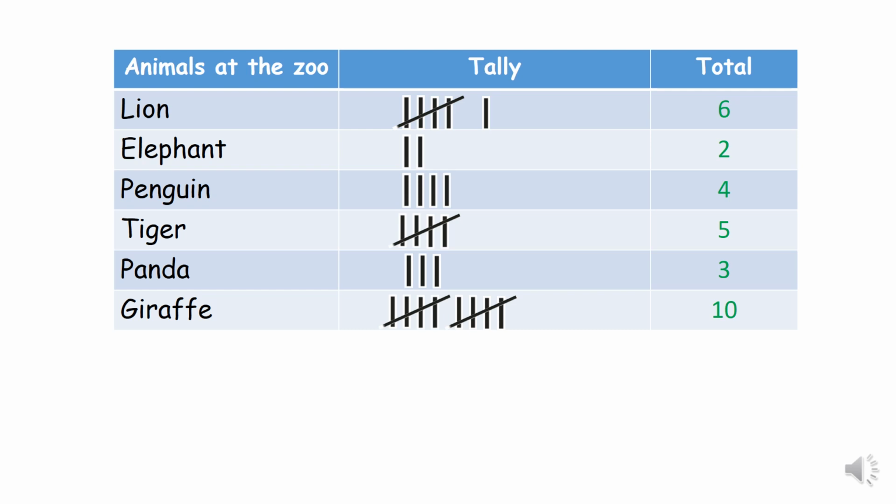As you can see, they're very similar to our tally charts, but instead of tallies, we have pictures.